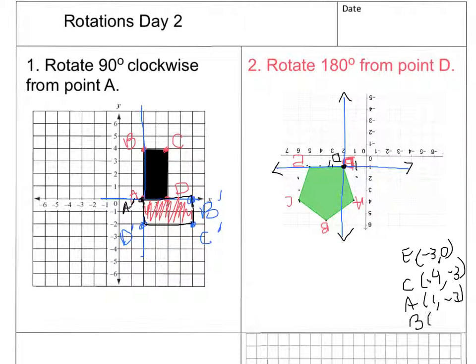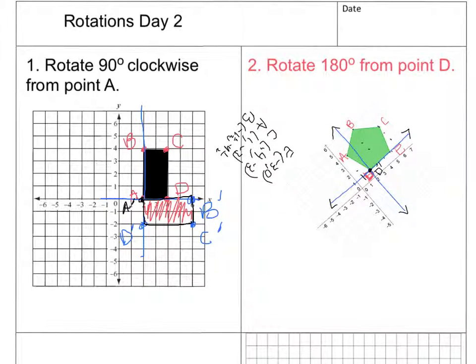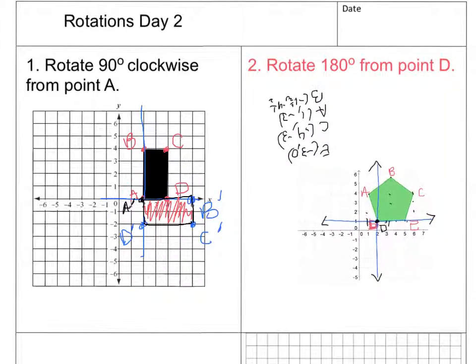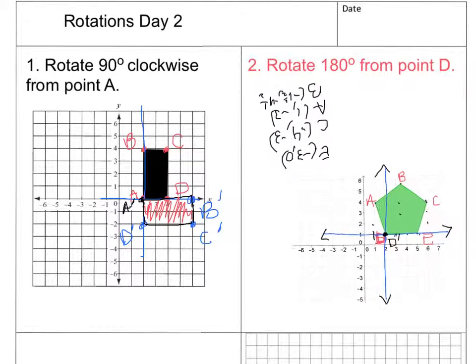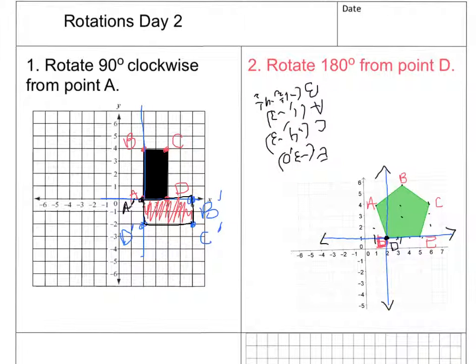B is at 1.5, 1, 2, 3, 4.5. So I'm going to take my picture and, oh, so do my words get flipped. And that's what happens. And go ahead and graph those points.